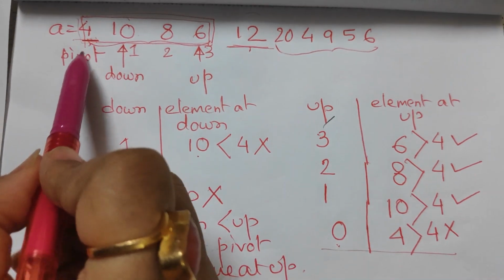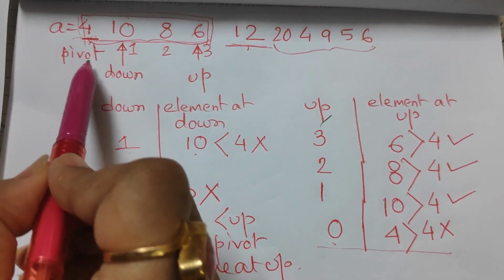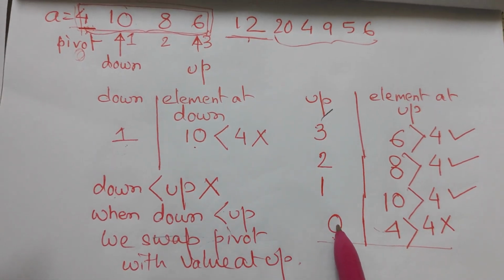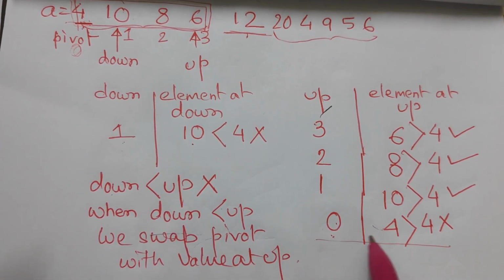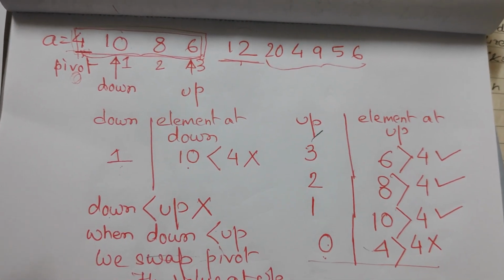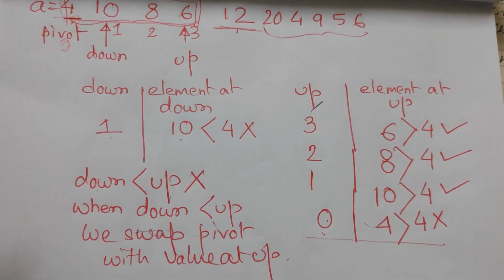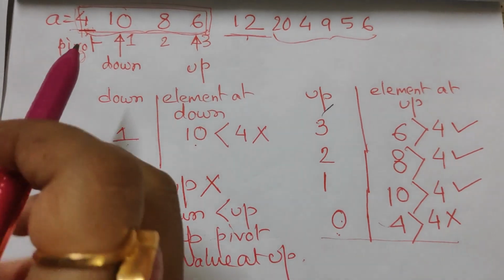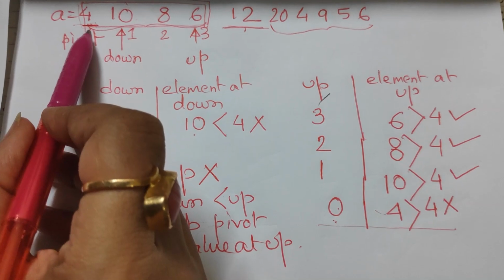So over here the pivot value is 4, which is at location 0, and the up index is also 0. That means we are basically swapping the 0th index with itself. So the location of the number 4 will not change and 4 will remain at this point.